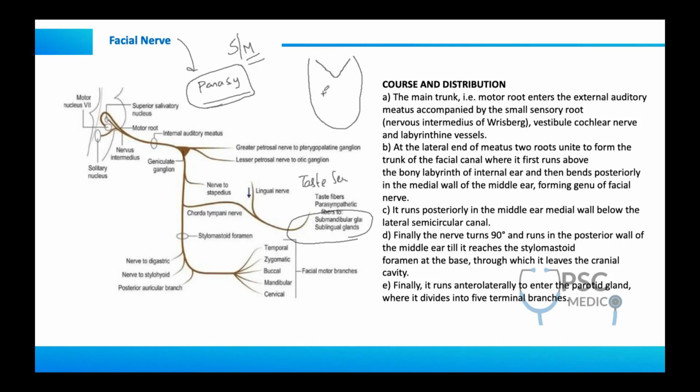We have anterior 2/3 of the tongue. The posterior 1/3 of the tongue, the taste sensations are carried with the help of glossopharyngeal nerve, and the base of the tongue with the help of the vagus. In the tongue part we already discussed that. So the taste sensations are carried by facial nerve. It's not the facial sensations, but the facial muscles are supplied by the facial nerve.